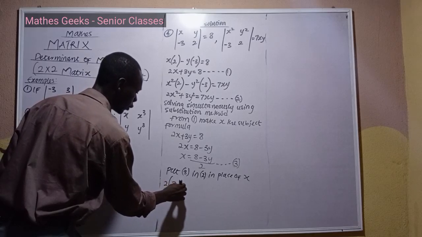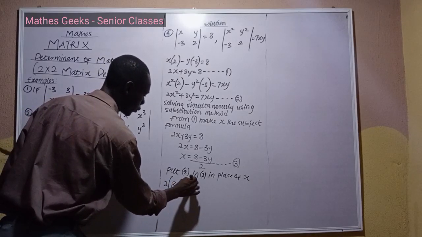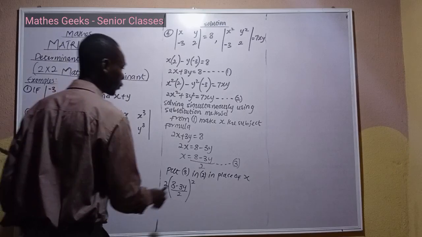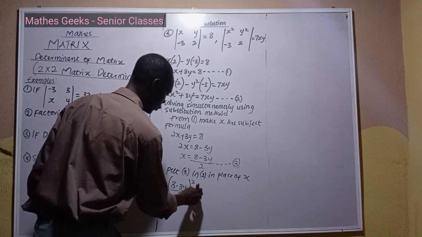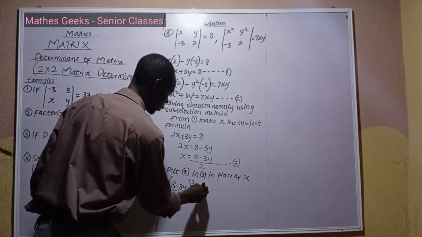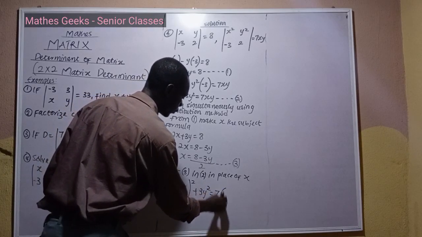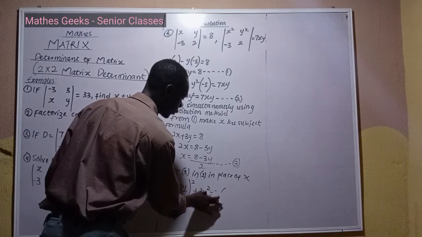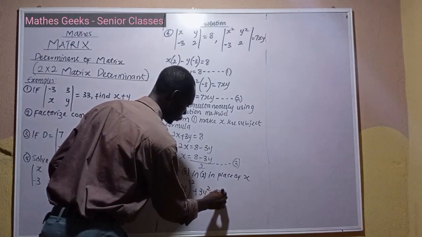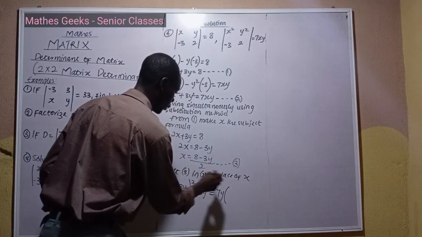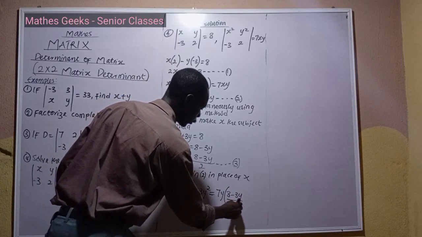2 times (8 minus 3y over 2) squared plus 3y squared is equal to 7y times (8 minus 3y over 2).